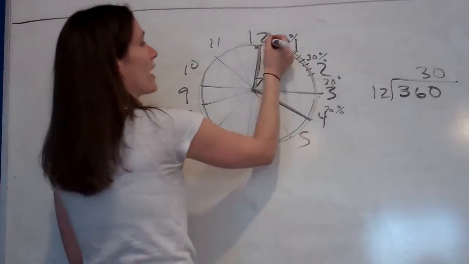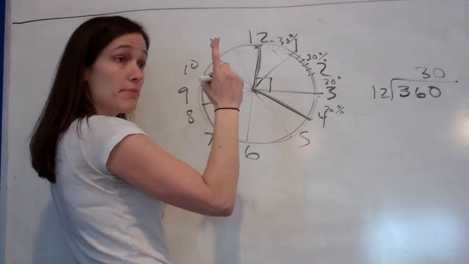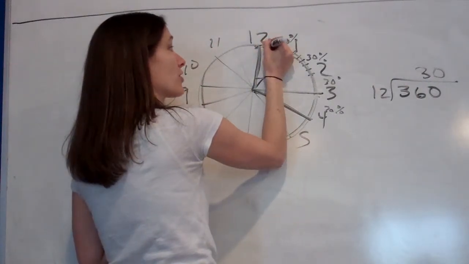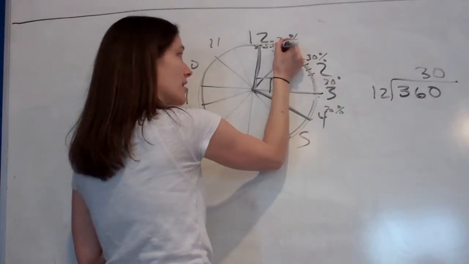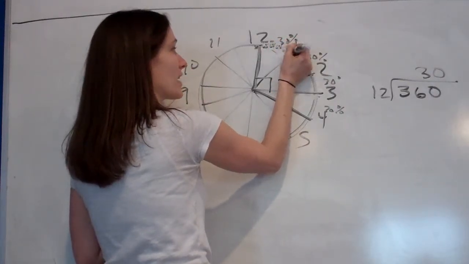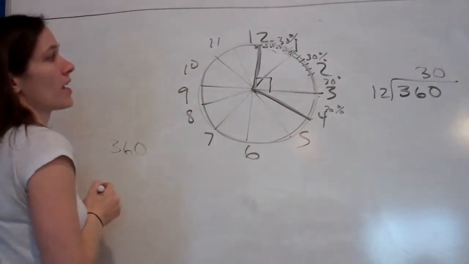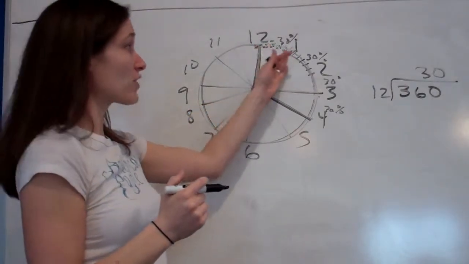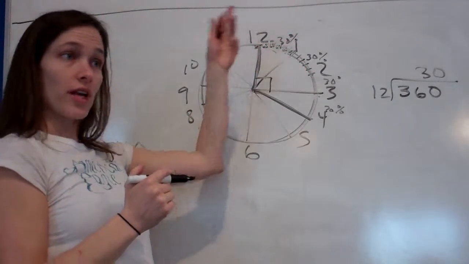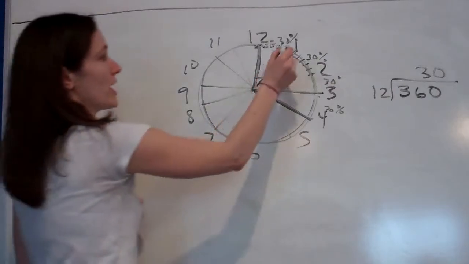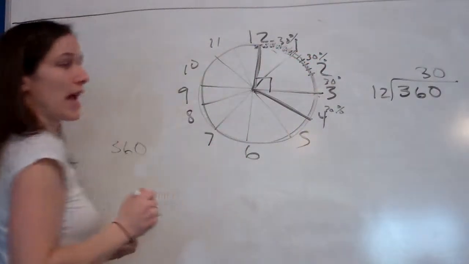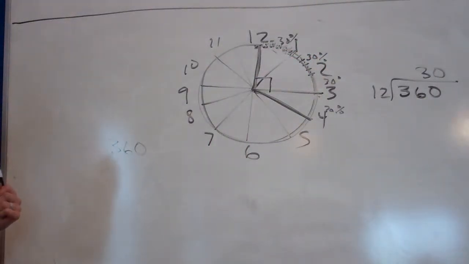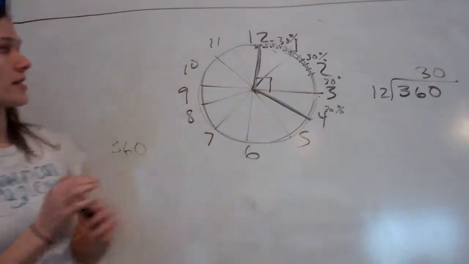Each 1-minute tick is 6 degrees: 6 degrees, 6 degrees, 6 degrees. And 6 times 5 of them equals 30. Every tick you go is 6 more degrees every time. Good job figuring that out.